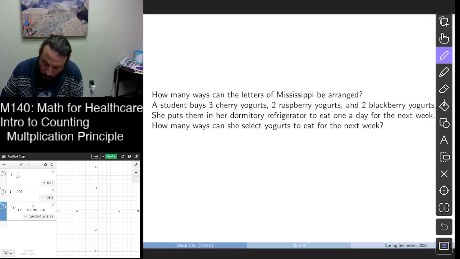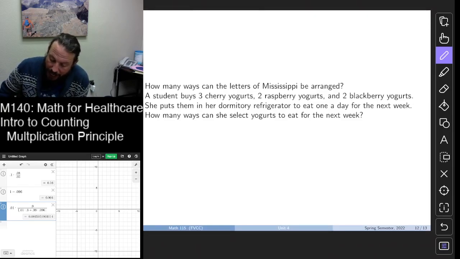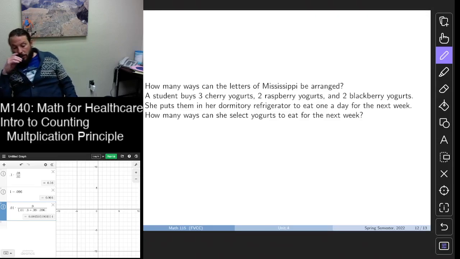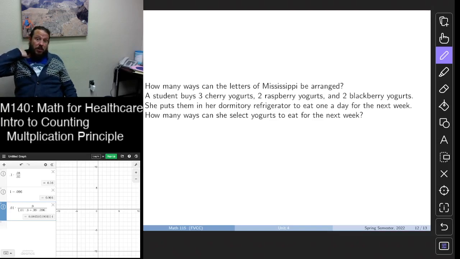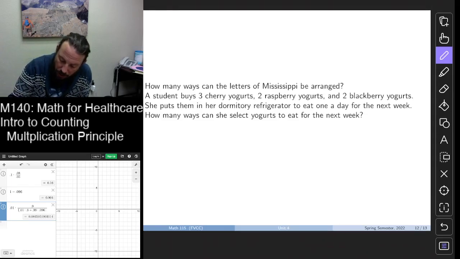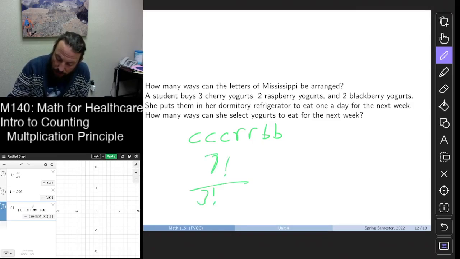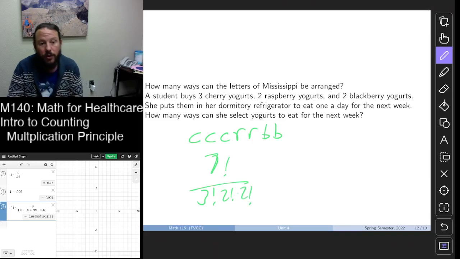Now, how about this: a student buys 3 cherry yogurts, 2 raspberry yogurts, and 2 blackberry yogurts. She puts them in the dormitory fridge to eat 1 a day for the next week. How many ways can she select yogurts to eat for the week? Okay, so this seems different from the Mississippi problem, but it's really the same. Because really what you're asking for is how many arrangements of, say, C, C, C, R, R, B, B. And hopefully we see that connection, so we get 7 factorial divided by 3 factorial times 2 factorial times 2 factorial.